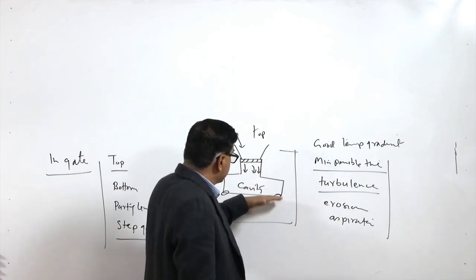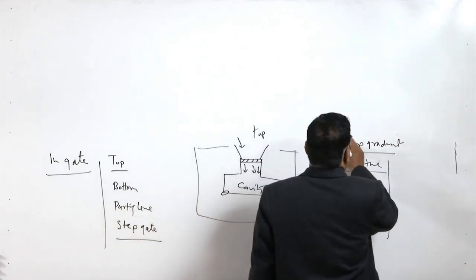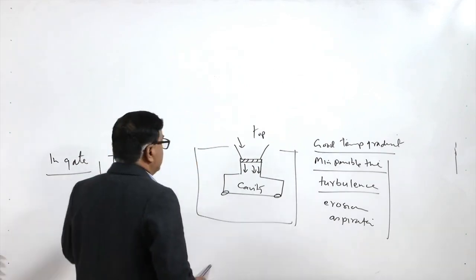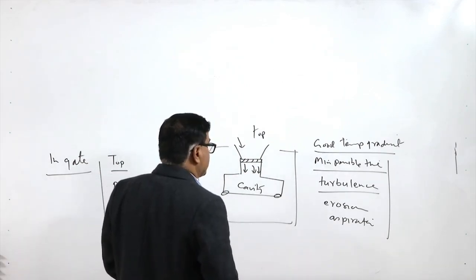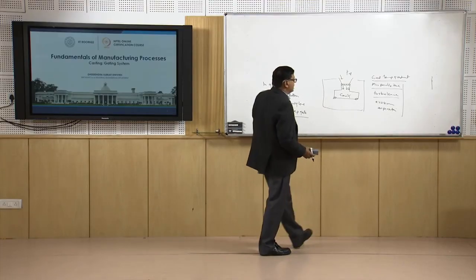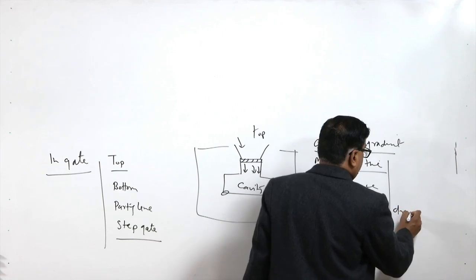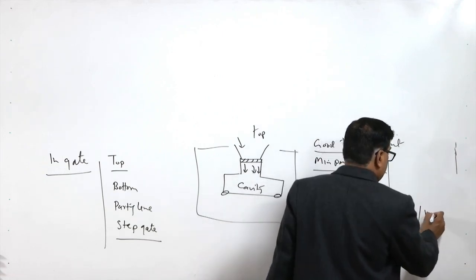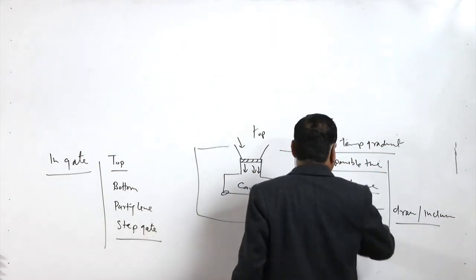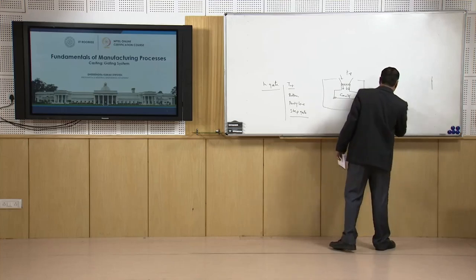So, in this case mostly the directional solidification is achieved, which is what is termed the favorable temperature gradient in the top gating system. But since it leads to turbulence and increased tendency of erosion, there are more chances of dross and inclusions because of the increased turbulence and erosion tendency for the top gating system.